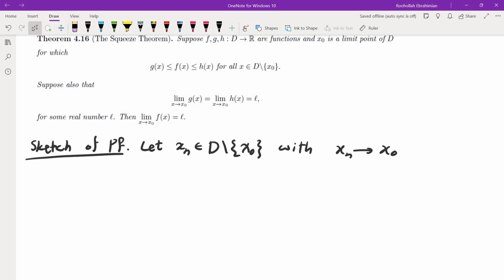I would like to show that the absolute value of f of xn minus L is small.